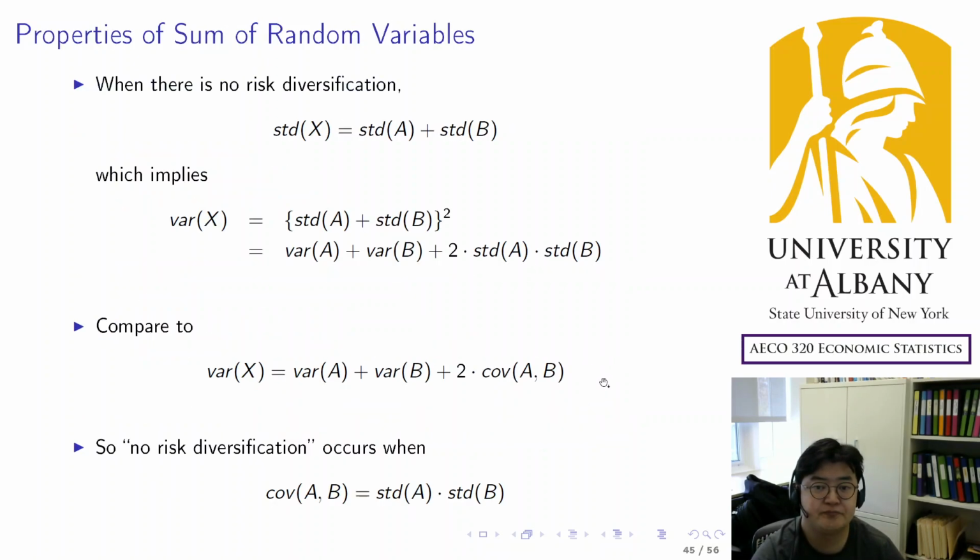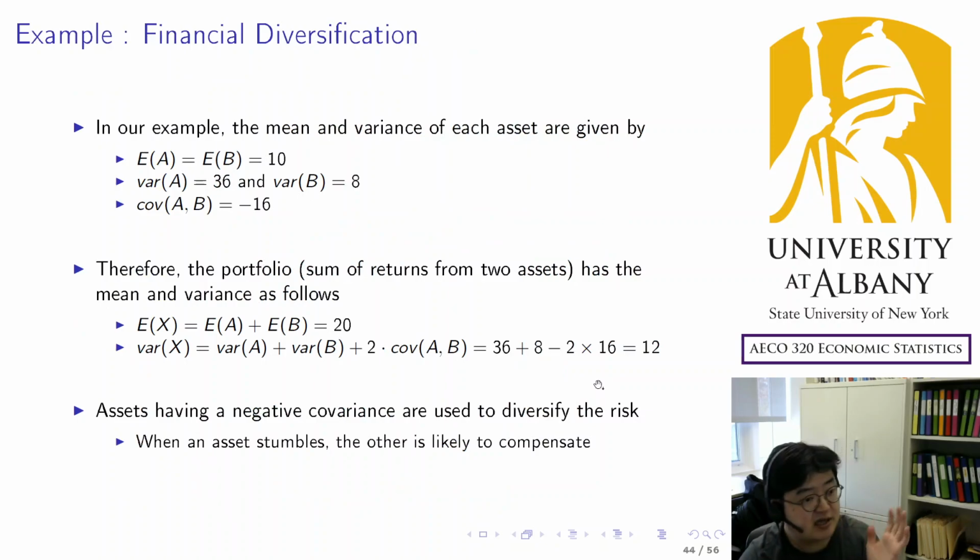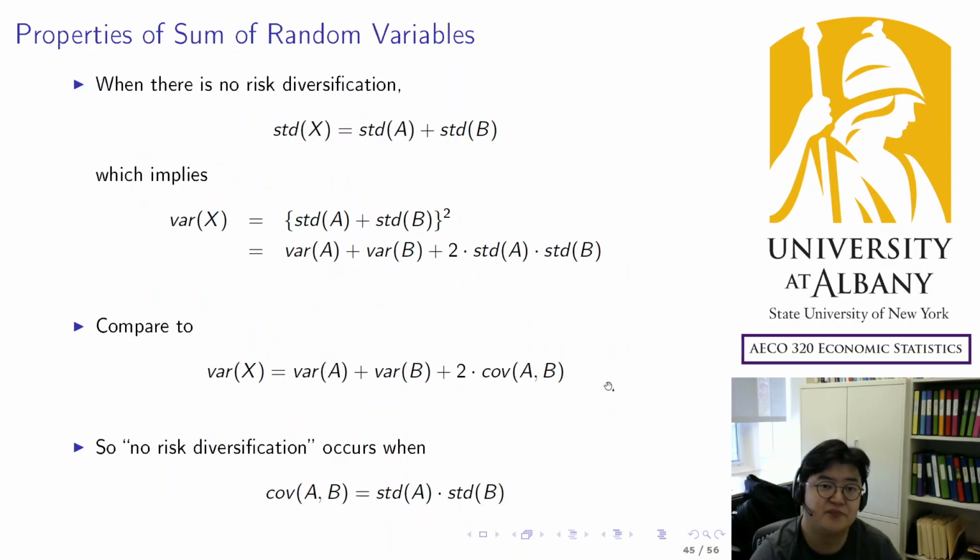Okay, let's study this a little more. So let's think about when there is no risk diversification. Now we are going to think about standard deviation. That is more standard. So no diversification means the standard deviation of x equals the sum of the two standard deviations. Let's assume this happens.